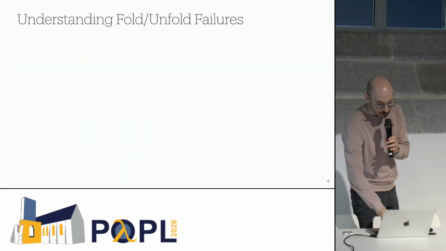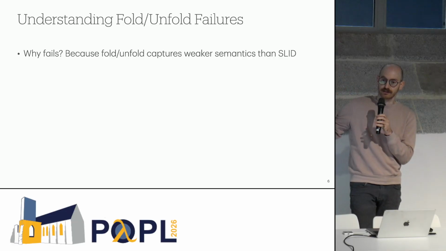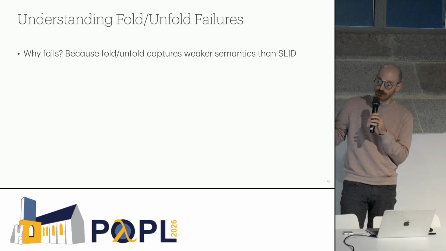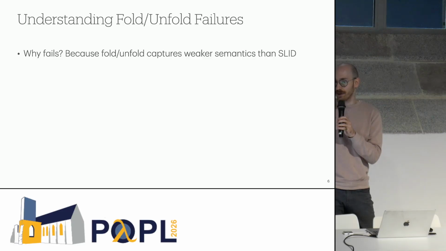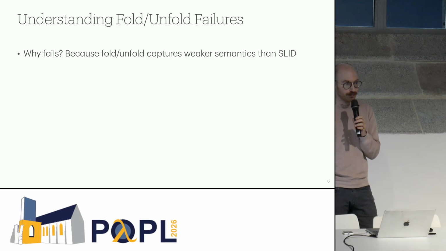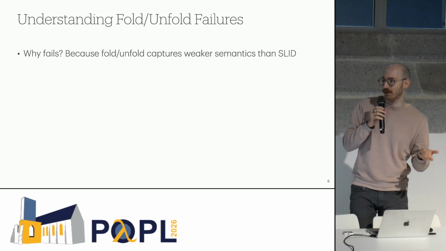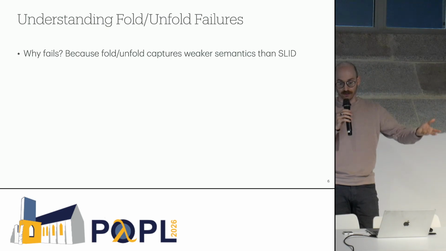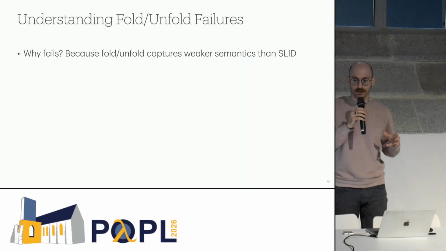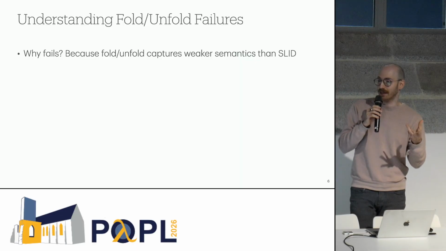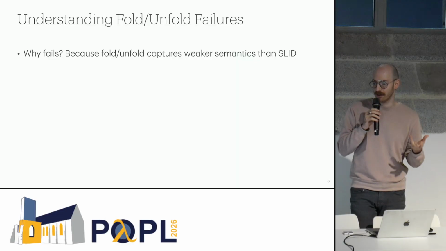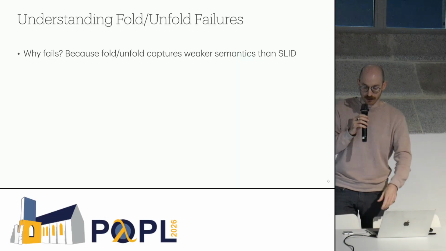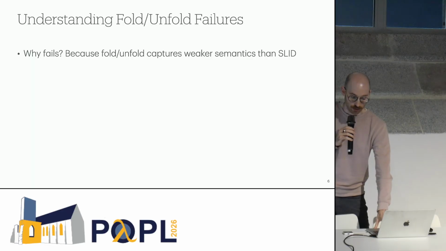Okay. So the high-level abstract answer is that fold and unfold reasoning captures weaker semantics than separation logic, right? And weaker semantics means more models. So when we think of the entailment, we think of the class of models of separation logic, and if for every model in that class the entailment holds, then the entailment is valid, but fold and unfold considers more models.